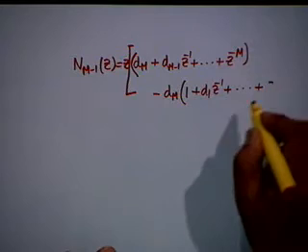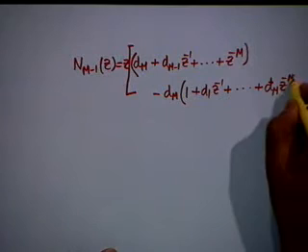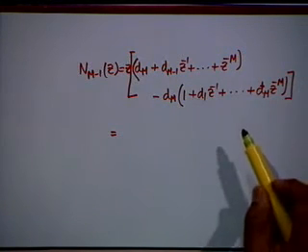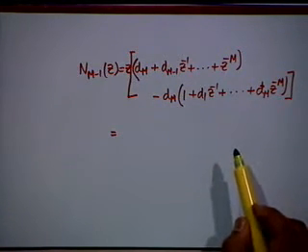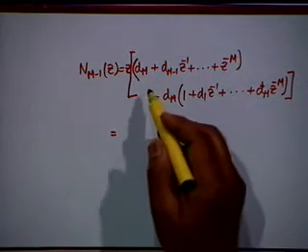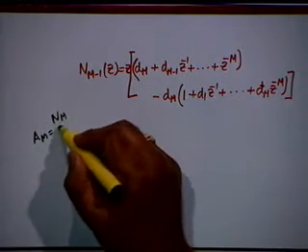Plus dm z to the minus m. Have I made a mistake? No, not yet. Okay. So, this I can write as... see, one of the terms cancels here. You see, what I have done is I have written Am equal to Nm divided by Dm.